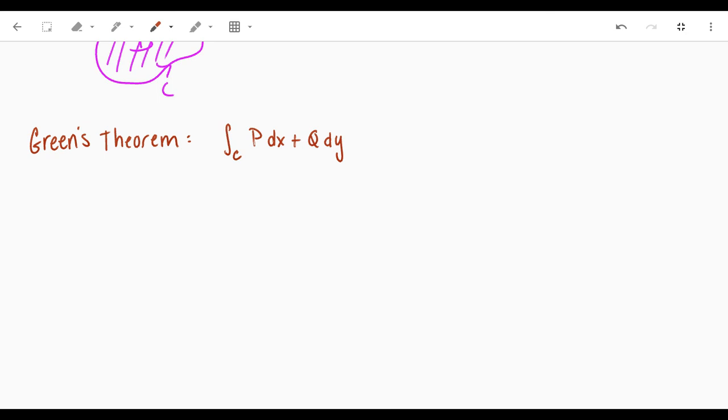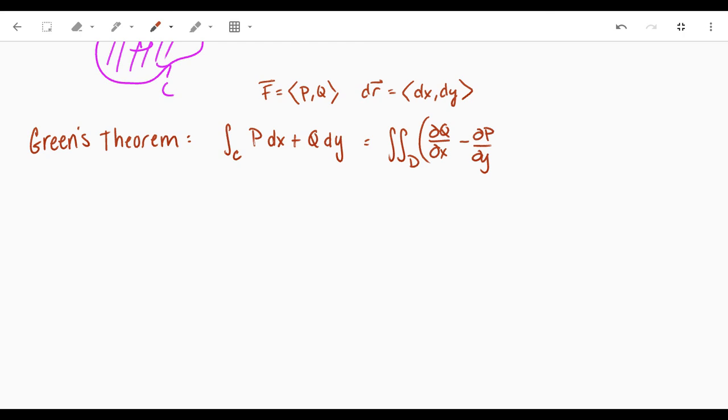Remember that was F dot dr, where F was P, Q, and dr would be dx, dy, basically. So that's your dot product, right? It is the integral over D of dQ/dx minus dP/dy dA.